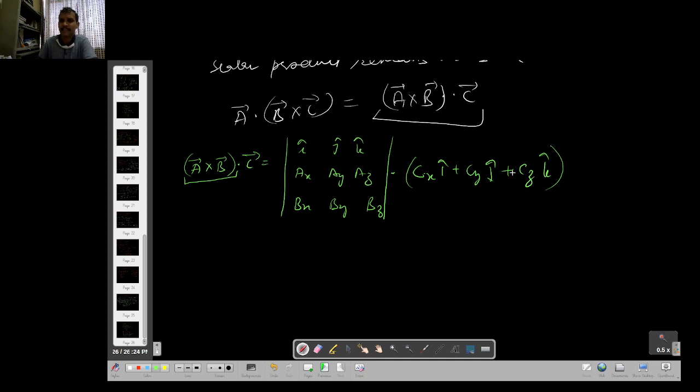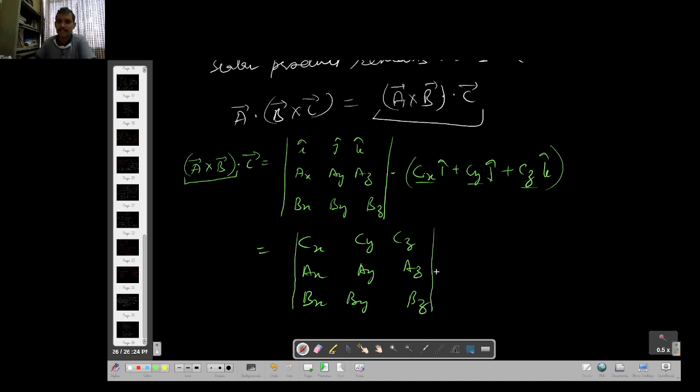So as I did in the earlier case, this i, j, k are simply replaced by cx, cy and cz. So I can directly write it like this: cx, cy, cz; ax, ay, az; bx, by, bz. Means generalizing the previous idea.